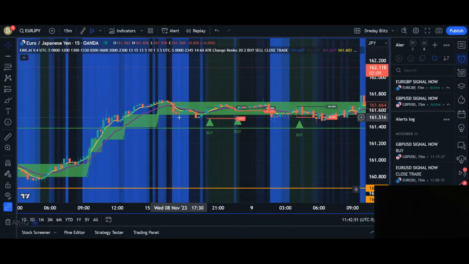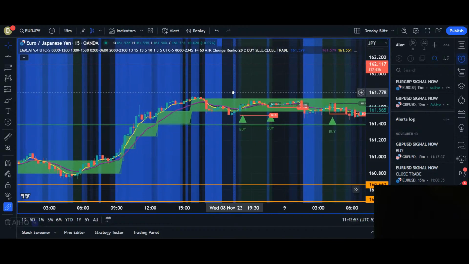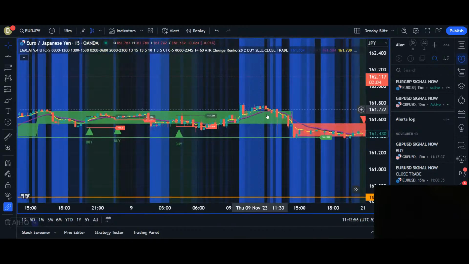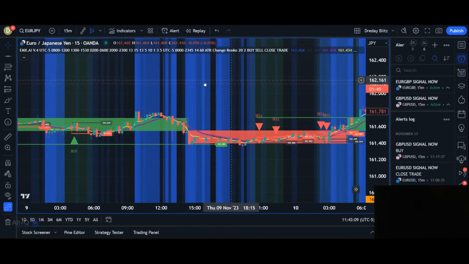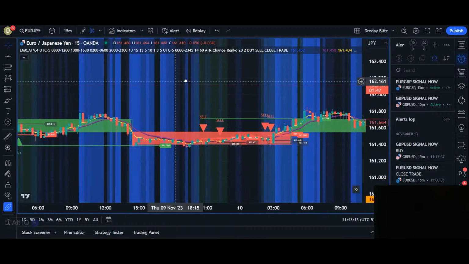And basically within those four buys, maybe 1 or 2 of them will be in a loss or break even, but you will be overall in the green.